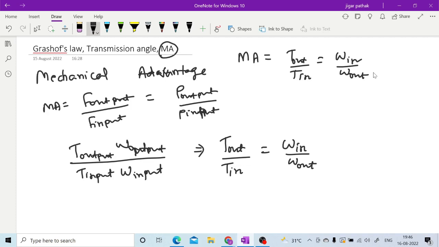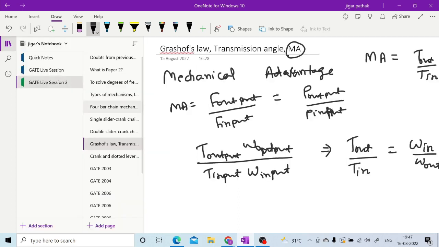This is how you will have your mechanical advantage, and we will see for different types of mechanism how you can calculate it. This is force output by force input.